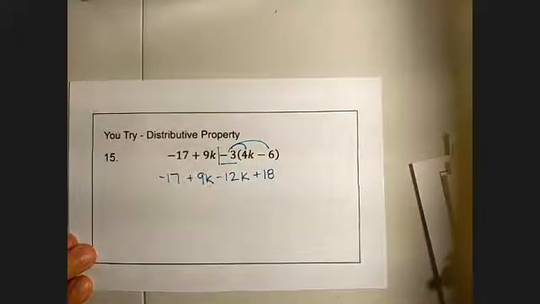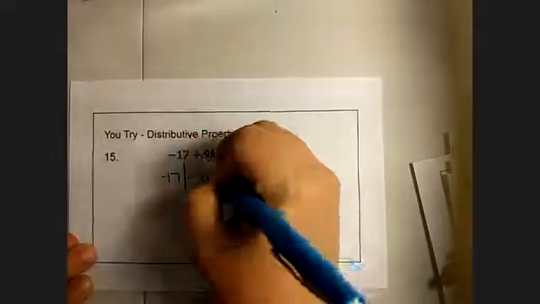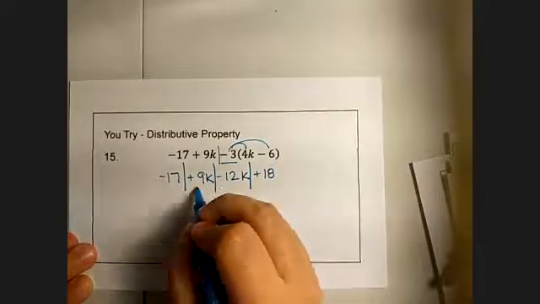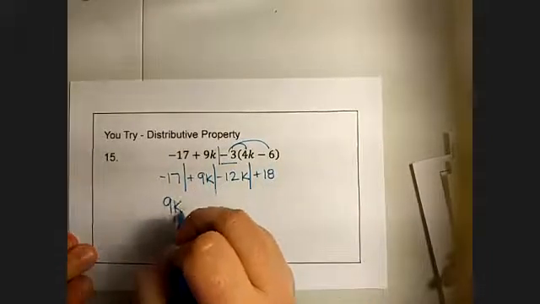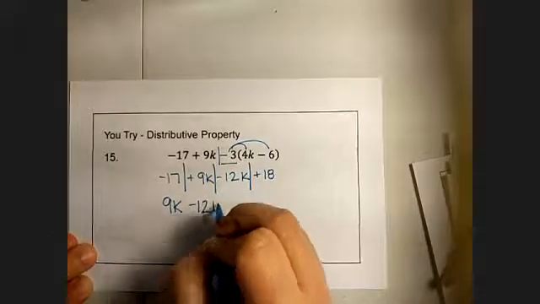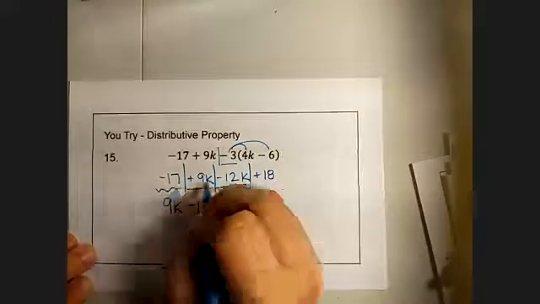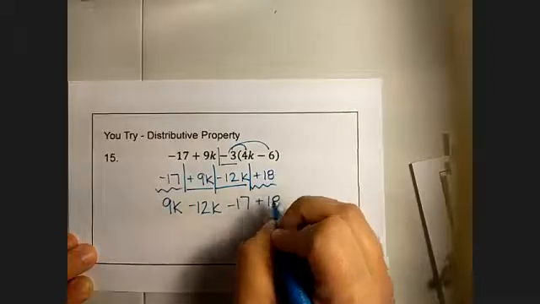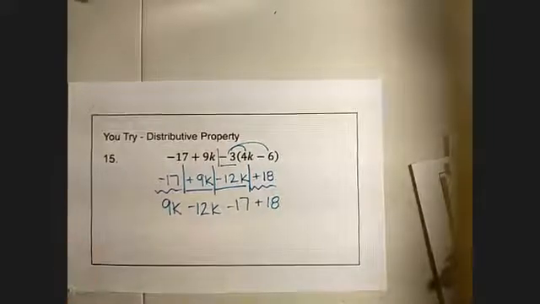Okay. Once you're here, you're going to chunk. Most of you are pretty good at this chunking part in class. Make sure you don't forget that part. We're going to put our k's first. So we've got 9k minus 12k. Those matched. -17 and +18 match. Okay. Now we're just doing an integer problem.